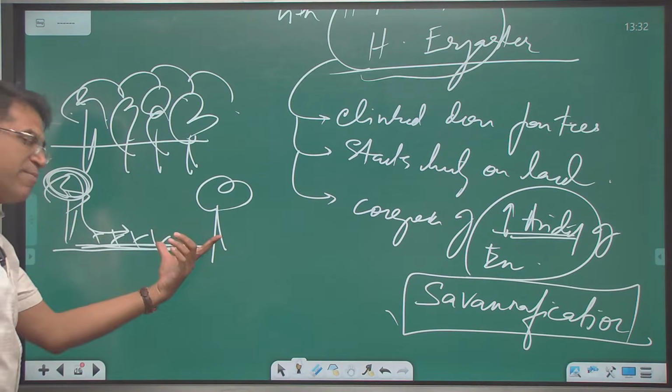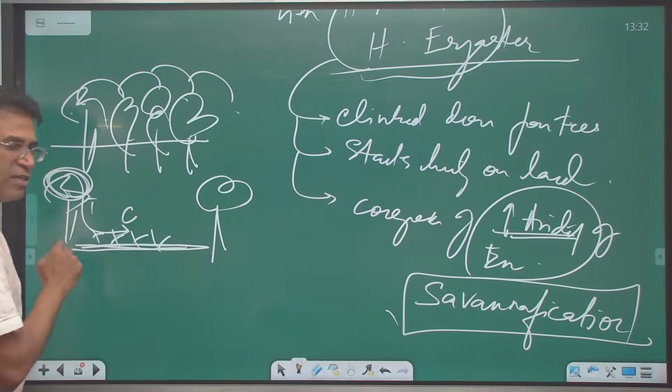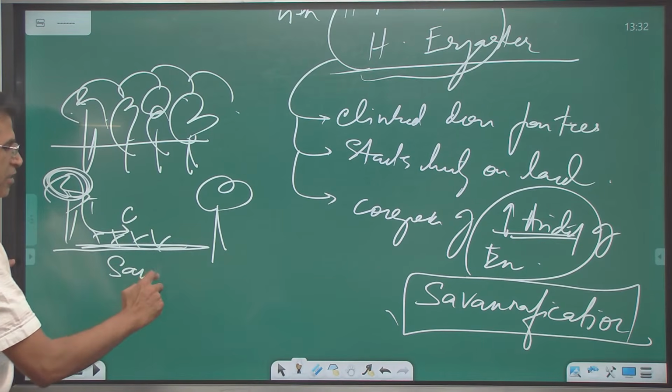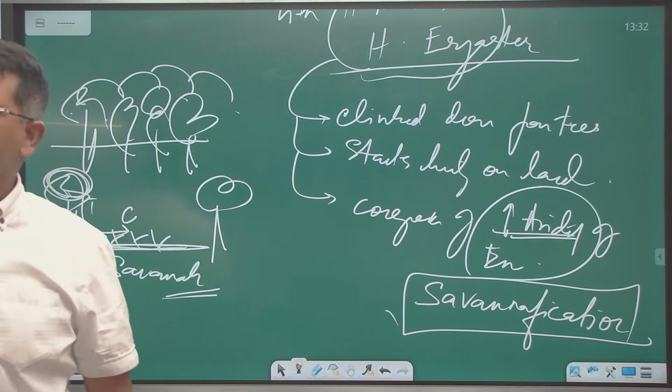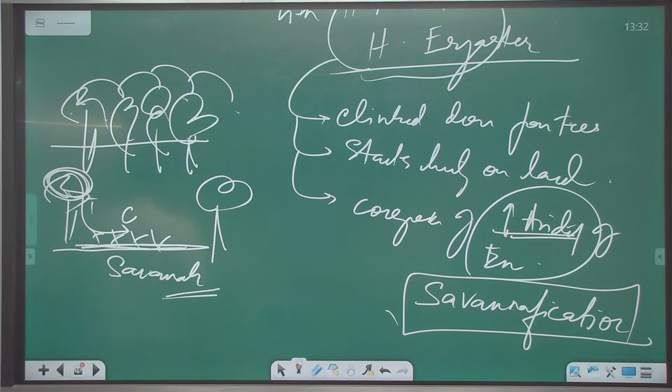This type of climate where we have trees and grasslands, we call this savanna, savanna of Africa. So man's evolution is linked to climate change, linked to savannification of the landscape.